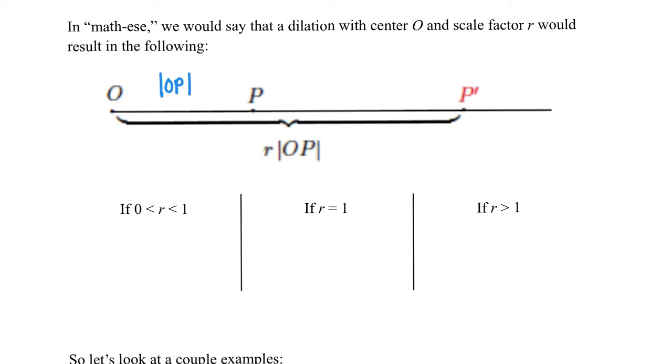Now, if that scale factor is between 0 and 1, so that would be like a 1/2 or 3/4, we call that a reduction, because what that does is it actually reduces the size.